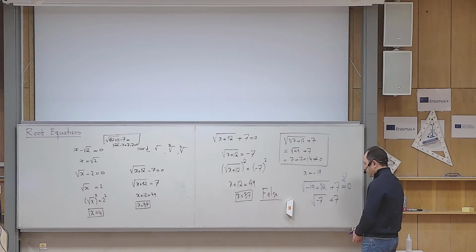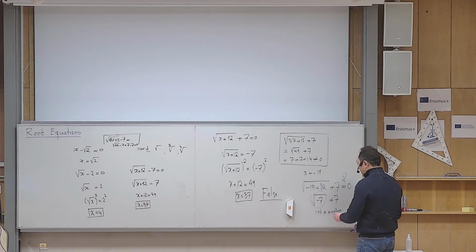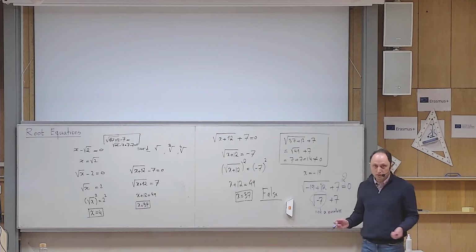A square root of minus 7 is not a number at all. So I cannot say that I add a number to something which is not a number, and the answer becomes the number 0. That is not correct, yes?